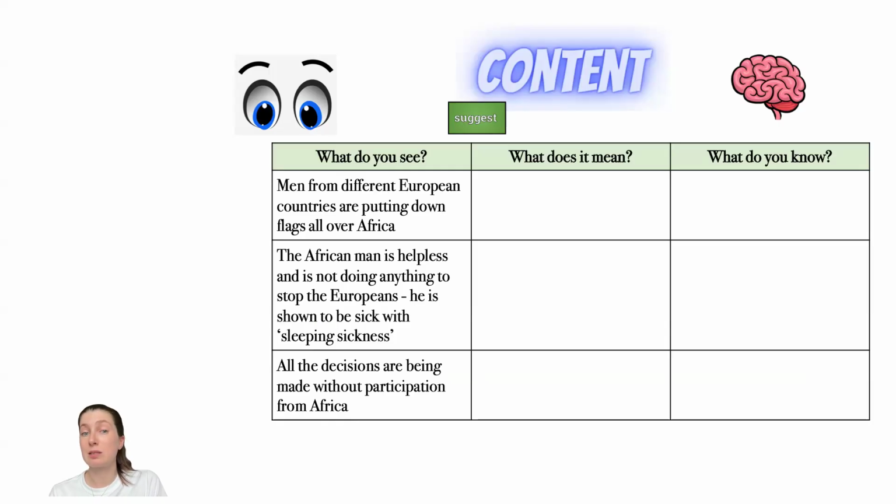He's shown to be sick with sleeping sickness. So again, that's not us expressing an opinion that he's not doing anything. That's us using the source, using the provenance, saying what we see. Now, when we think about whether this is factually accurate or not, that's a different matter, okay? And then finally, all the decisions are being made without participation from Africa or the character in the middle.